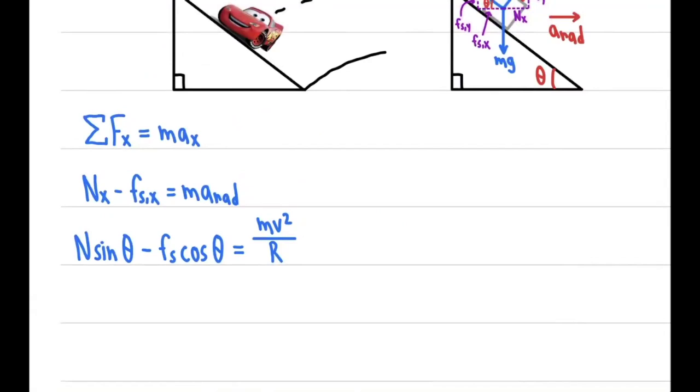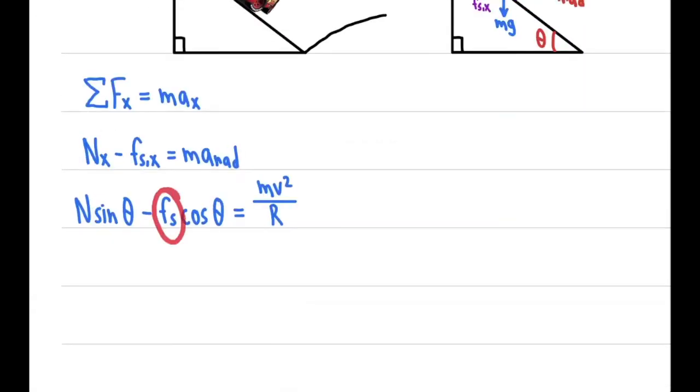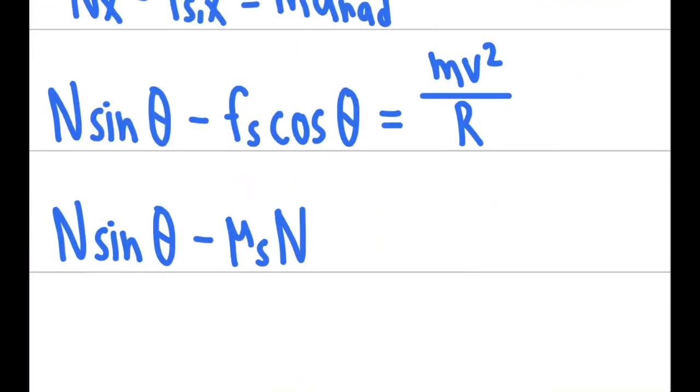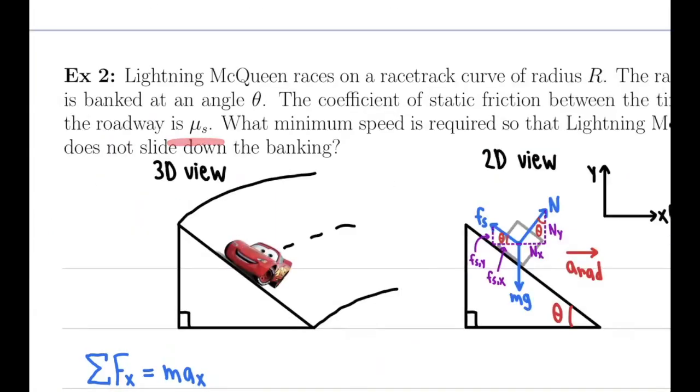F sub s, recall, is mu s times N. That's the maximum static friction force. We're trying to find the minimum speed. So to find the minimum speed that prevents sliding down, the static friction will be at its maximum value. So this is really F s max, and it's mu s times N. And we're given mu s, aren't we? Yep, mu s is given right here.